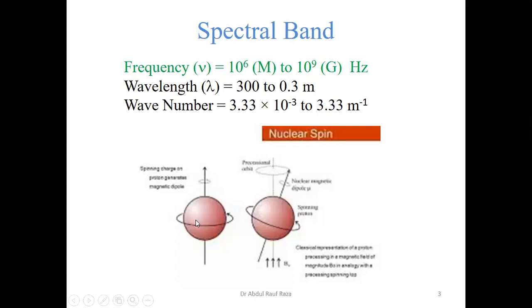Look here. One thing we call charge density. Just like density is mass per unit volume, charge density means charge per unit volume. Now, the charge on an electron and the charge on a proton is the same. It is 1.6 times 10 to the power minus 19 coulomb.